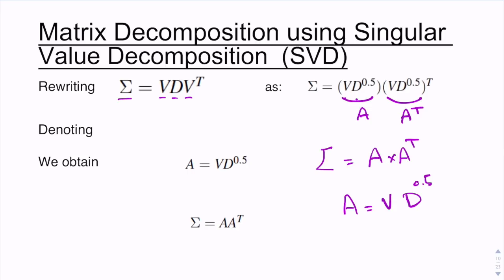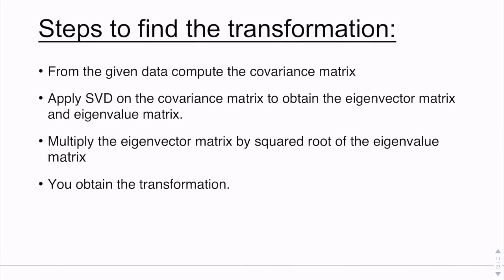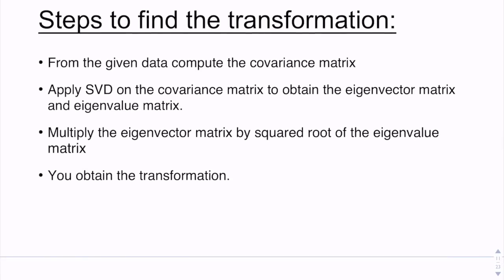Now, how can we find a transformation? These are three steps. From the given data, first we compute the covariance matrix, then we apply singular value decomposition on the covariance matrix to obtain the eigenvector matrix and eigenvalue matrix, and then we multiply the eigenvector matrix by the square root of the eigenvalue matrix.